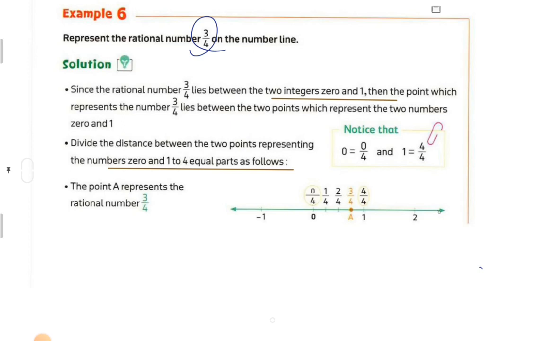Just start with drawing a line. Okay, it's easy. We said that we have two points to start with. Point 0. Put 0. Where is 0? Here. Okay. Next, we have positive here and negative here.